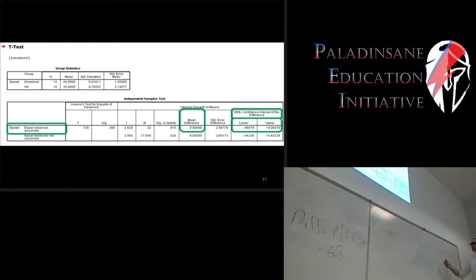Now we have to figure out how long these intervals are. One of the easiest ways to do that, one of the ways that'll get you there every single time, is to take the upper bound, in this case 14.06, minus the lower bound, which is 6.8, and we end up with plus or minus 7.26, I think.